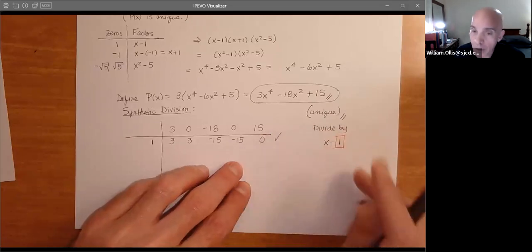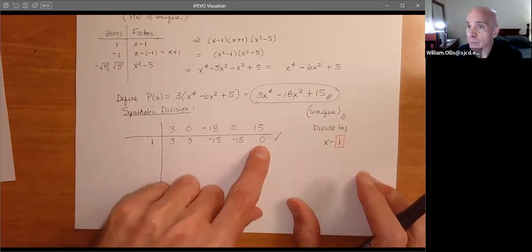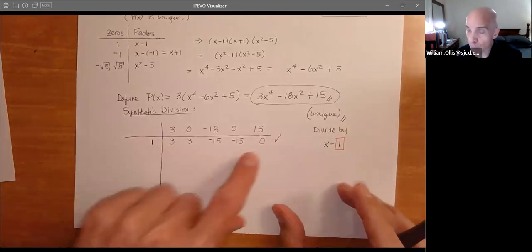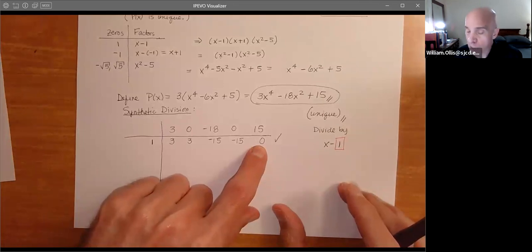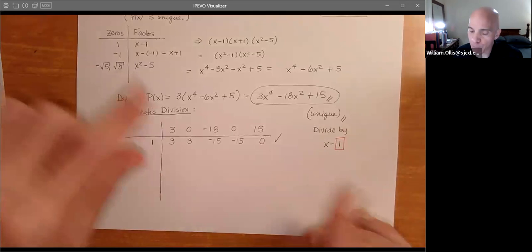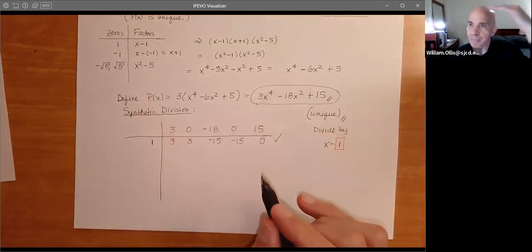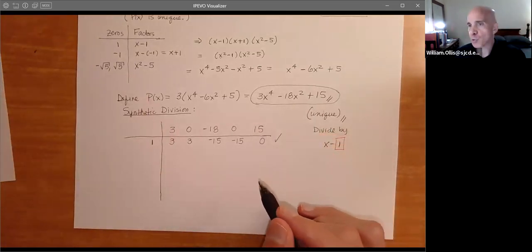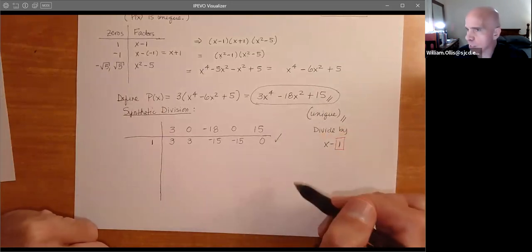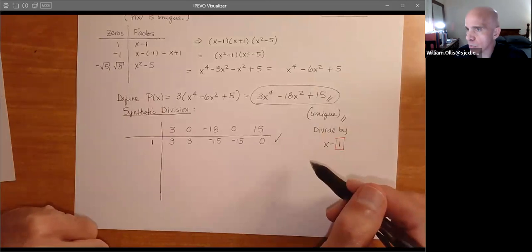So that's the remainder. Division by x minus c has remainder p of c. So p of 1 is 0, but we already knew that. But say if you were given this problem on a platter and you had to deconstruct it, then you would want to try to figure out, okay, does this have any rational zeros?